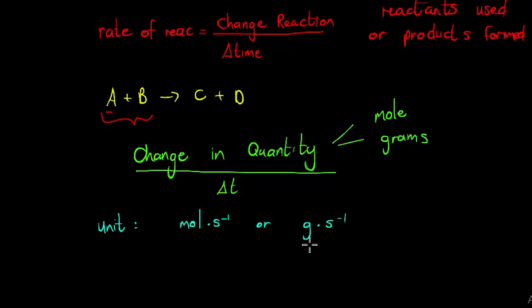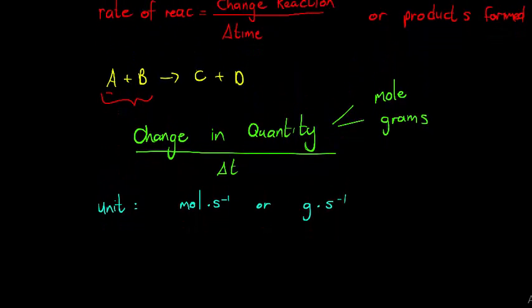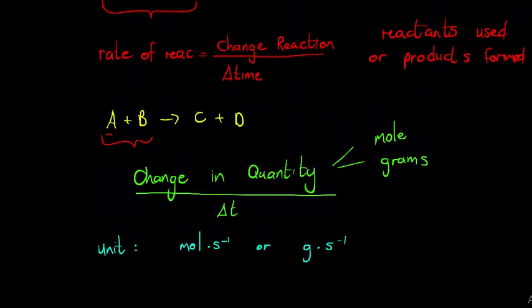Now we're not going to be too concerned with the actual value of a reaction's rate of change, but we are more concerned with how we can increase the rate of change. How can we make the reaction go quicker, or what is influencing the reaction to go so slow? Those are the more important factors here, but it is still important that we know how to calculate it.